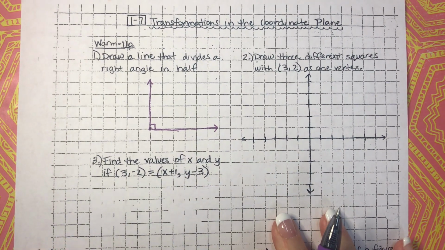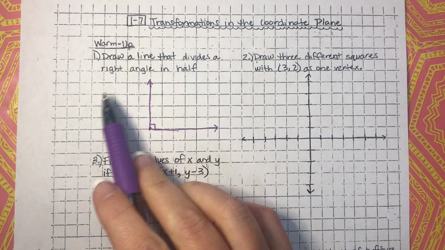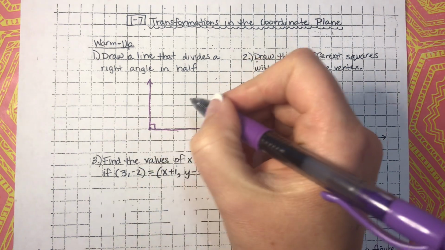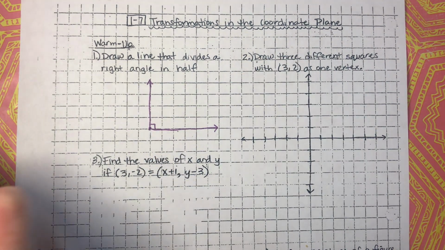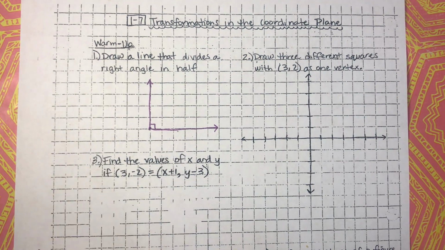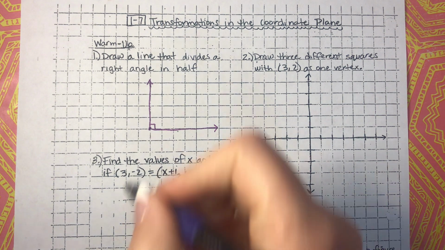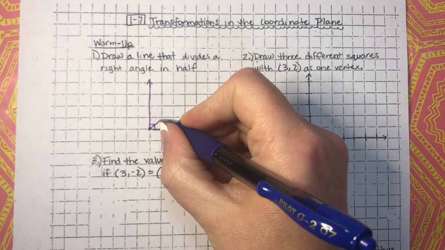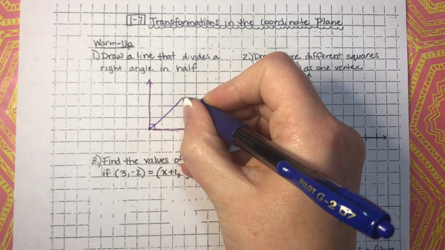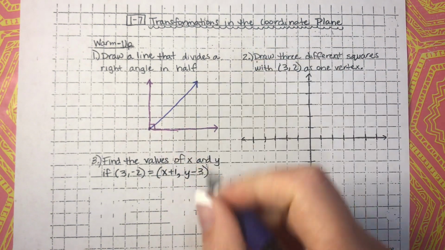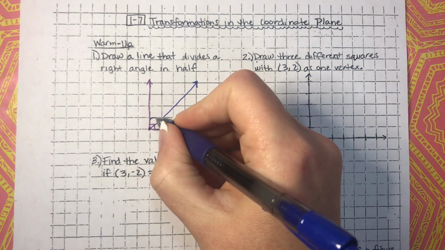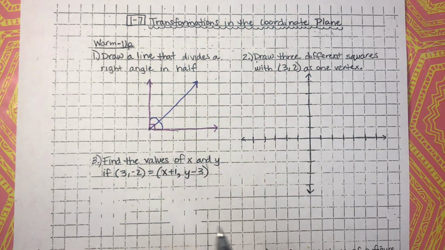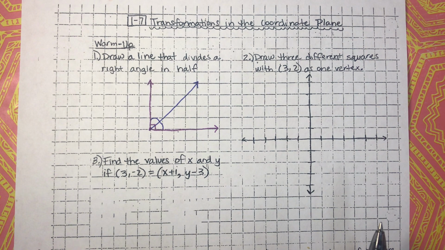It says draw a line that divides the right angle in half. So I'm just going to draw a line, maybe in a different color, kind of maybe a blue. And it just divides it in half like that, where this side of the angle is congruent to this side of the angle. They're both the same.